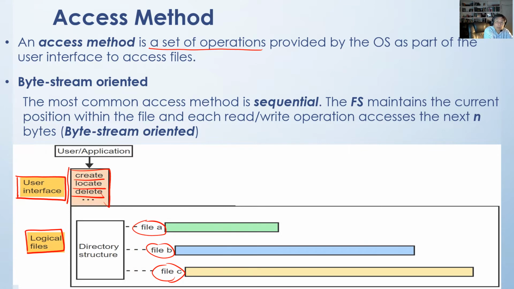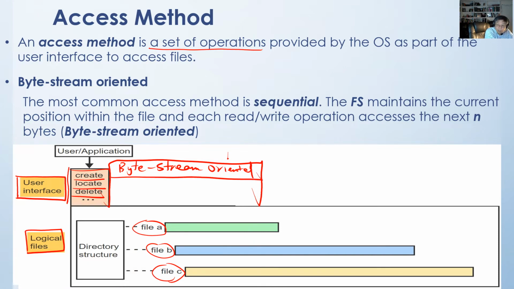Certain operating systems present files as an unstructured string of data. This unstructured string of data can be accessed sequentially. The operations to access it are called byte string oriented operations.